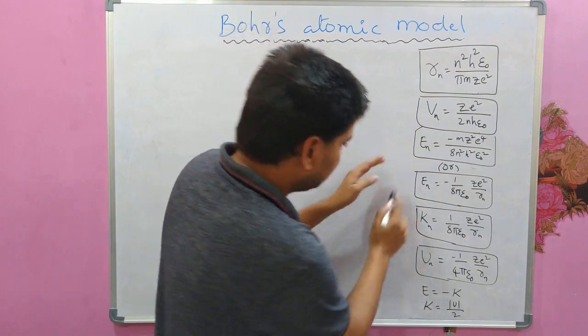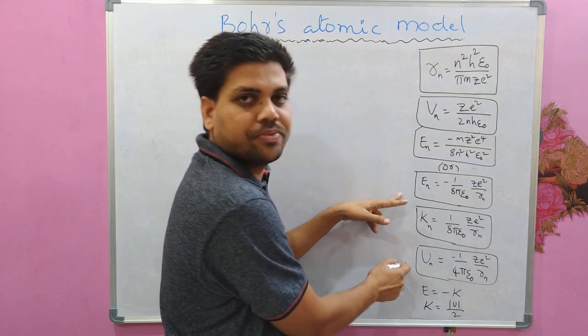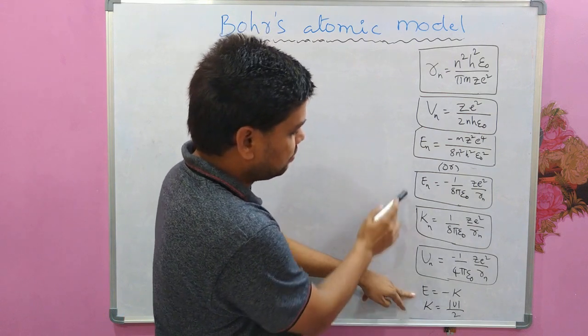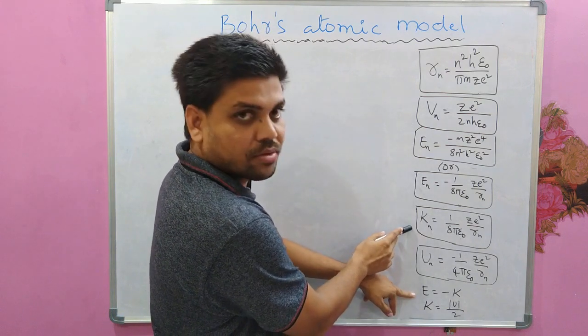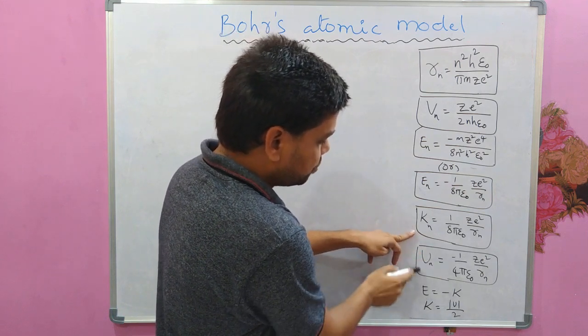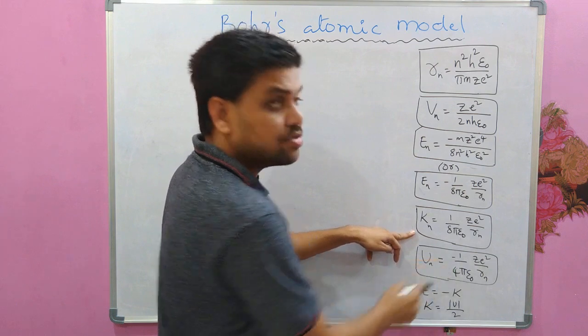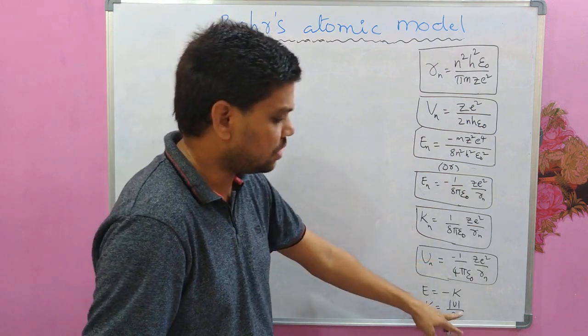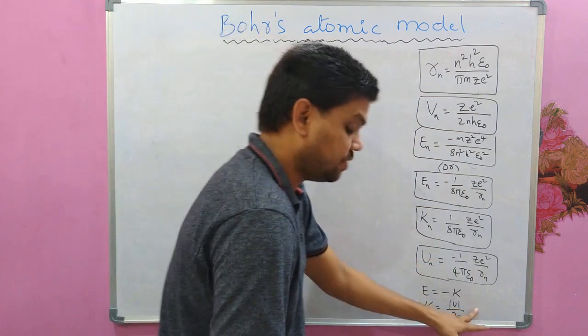If you observe these last three equations, we can write E equal to minus K, and K equal to modulus of U by 2, because U has a negative sign in it. These are very, very important.